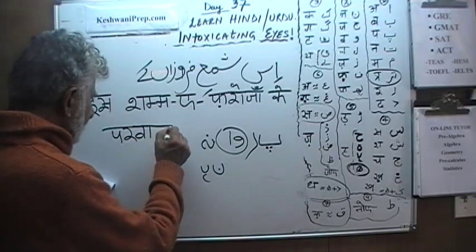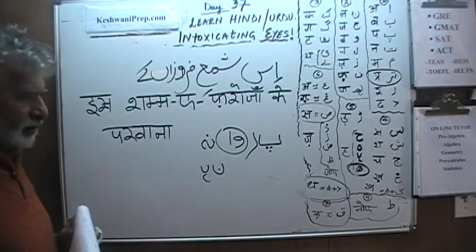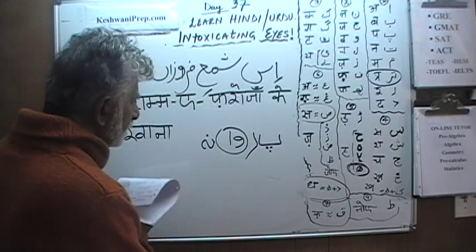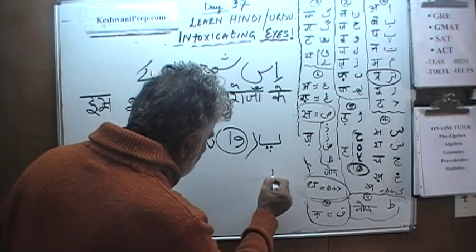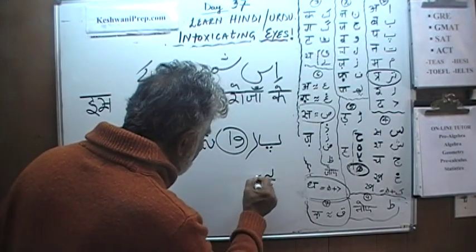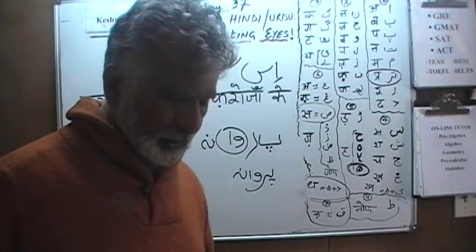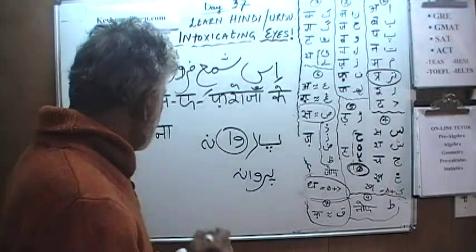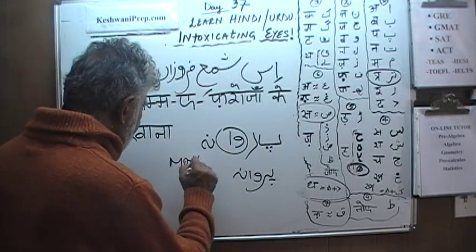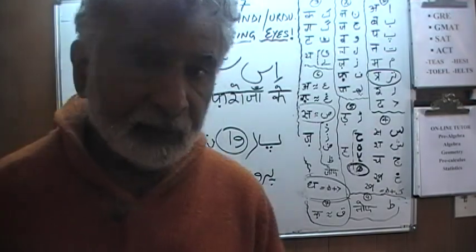But in Hindi it's very simple. Let's put it together in Urdu. Parwana. What's a parwana? Parwana is an insect. Parwana, to be more precise, is a moth. You know what a moth is?